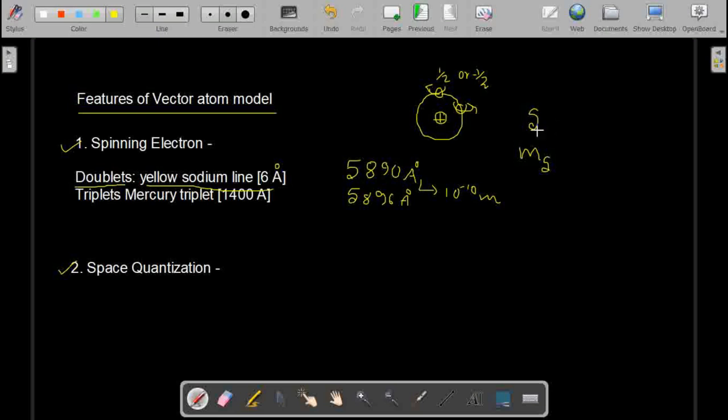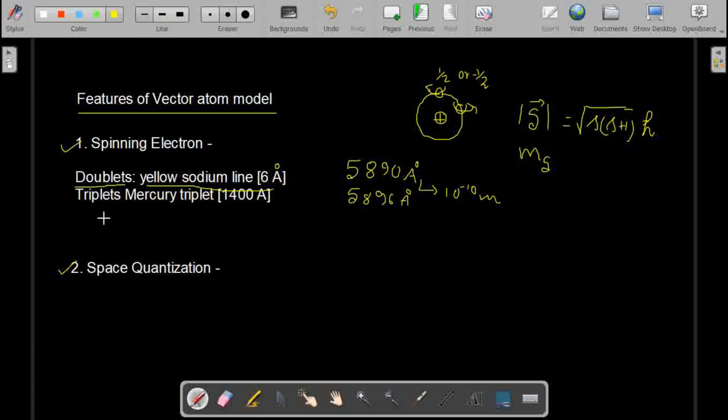If you want to find the magnitude of this spin, you can write it as the square root of s(s+1) times h cross. This is something I have already discussed in lecture 1, so you can refer back to that. If you want to write a note on the spinning electron, you should talk about the half spin, minus half spin, up spin and down spin, and also about the sodium doublet line.